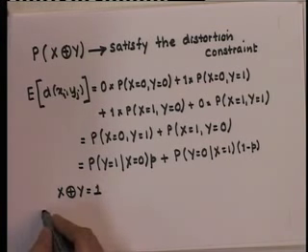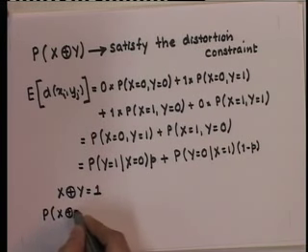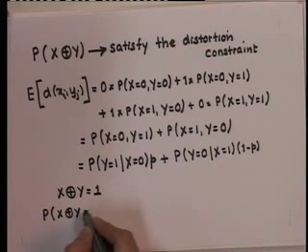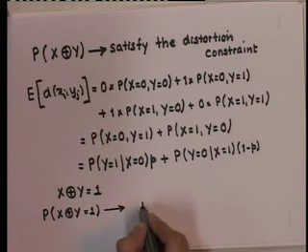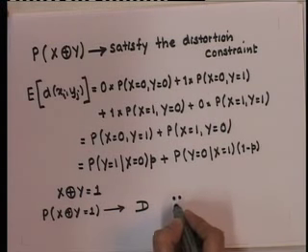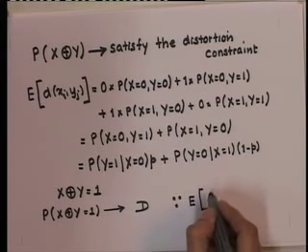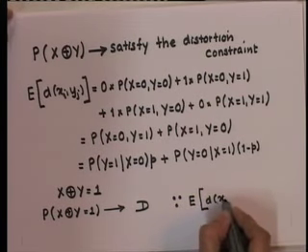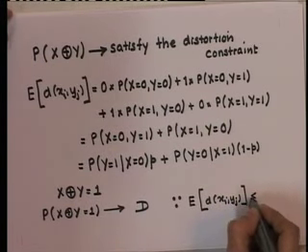But this is simply the probability that X XOR Y is equal to 1. Therefore, the maximum value that the probability of X XOR Y equal to 1 can have is d, because the average distortion is less than or equal to d.